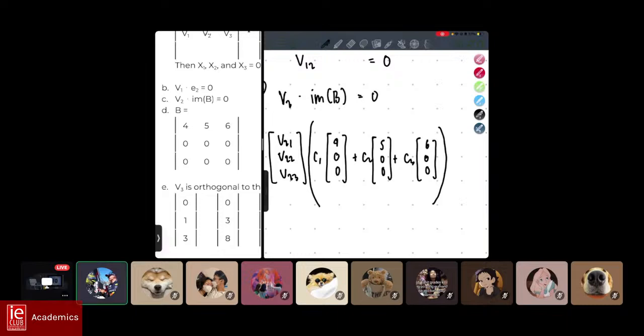Since the third column is technically not independent because you can perform, what can you perform? Actually, yeah. You can perform 2C2 minus C1 to get C3. So 5 times 2 minus 4 is 6. So it is not part of the basis.